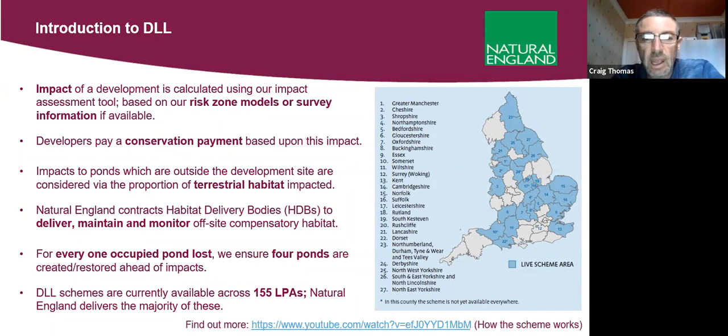Natural England delivers the majority of these schemes, The Nature Space Partnership delivers several, and in Dorset and in Telford and Woking, the LPA runs a version of DLL. But the vast majority, about 80%, are run by Natural England. And there is the hope that some of the gaps in the map will be filled in, and DLL will be available in the near future in the majority of those.